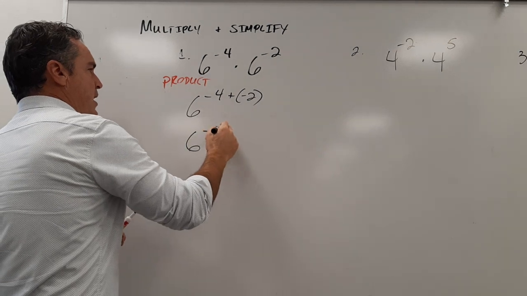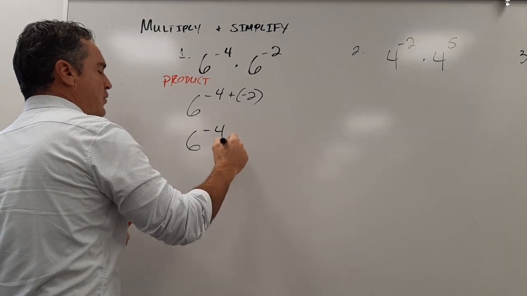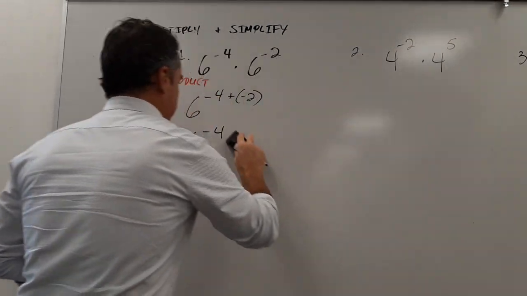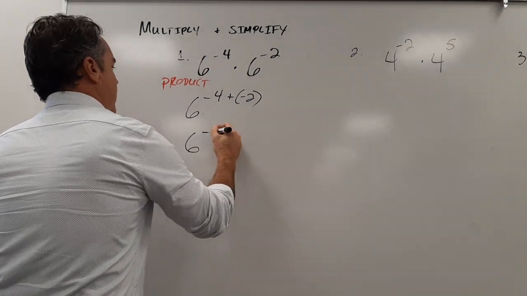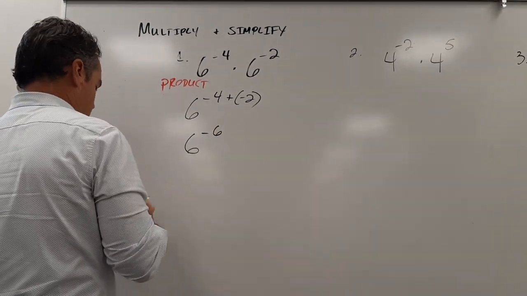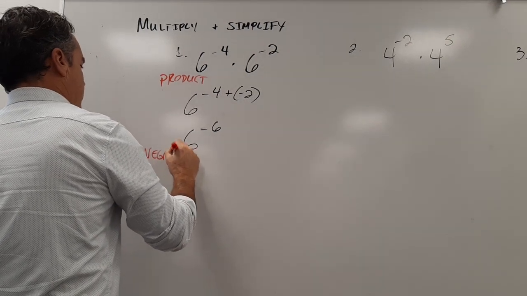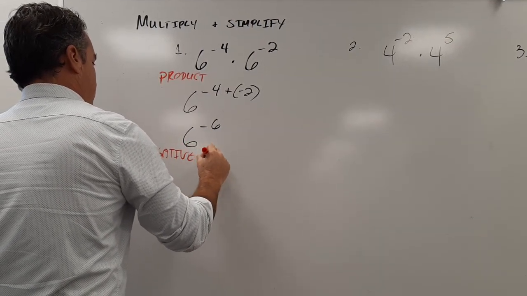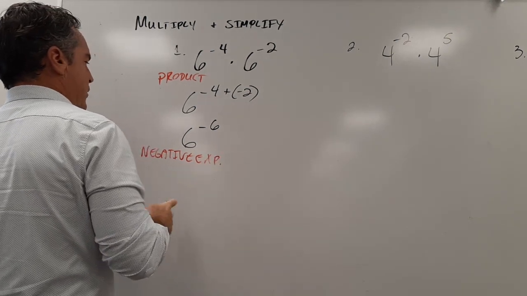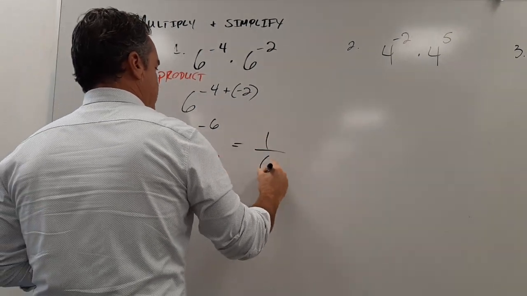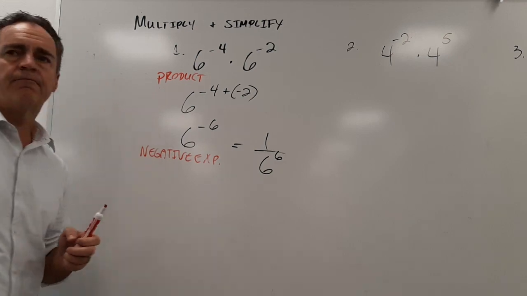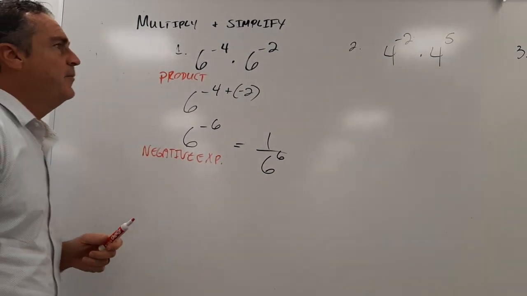So we have 6 to the negative 4 plus negative 2 makes 6 to the negative 6, sorry. And then we are now going to have to address the negative exponent rule, which says that this is 1 over 6 to the 6th. Okay, is that right? Good stuff.